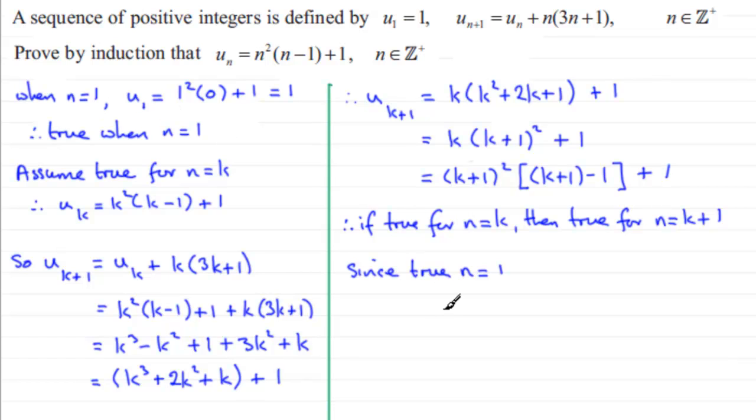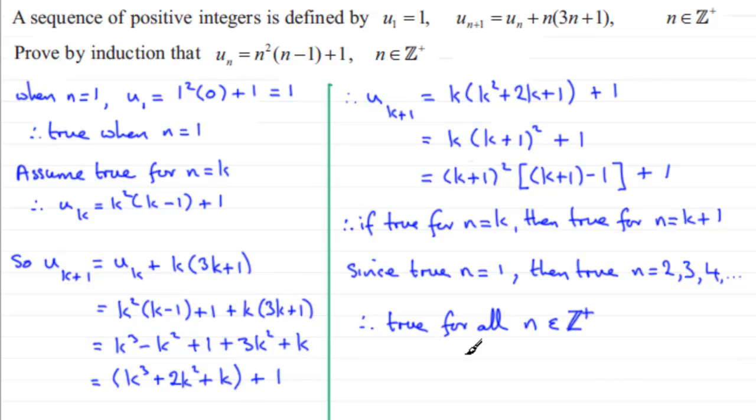So since it's true for n equals 1, then it must be true for the next integer up, n equals 2. And if true for n equals 2, it must be true for n equals 3 and 4 and so on. So therefore it's got to be true for all positive integers n. So true for all n being a member of the set of positive integers.